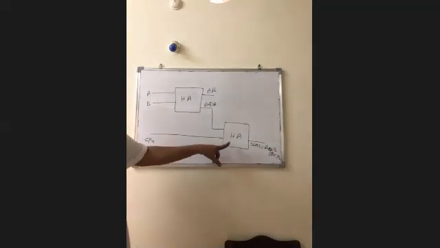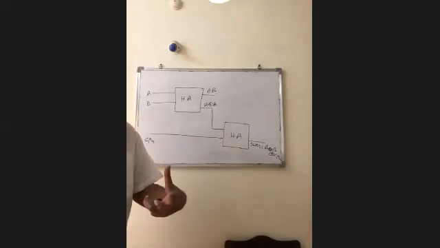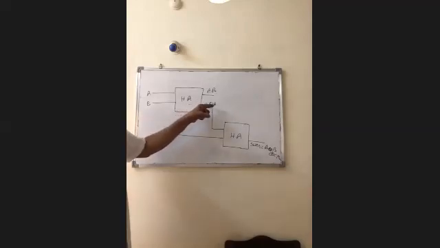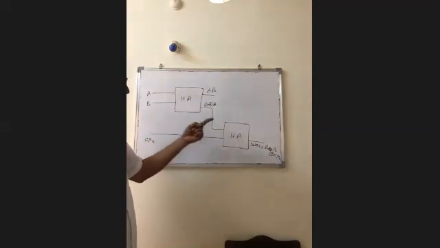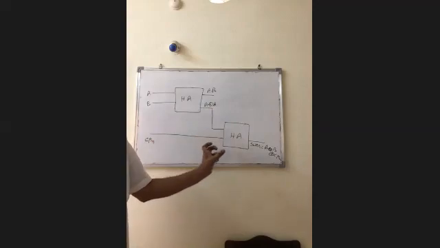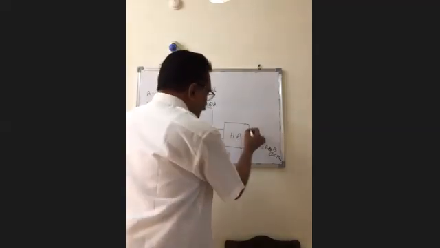For the second half adder, in between the two inputs there is an exclusive OR operation. One input is A exclusive OR B and the second input is Cin, so you write A exclusive OR B exclusive OR Cin as the sum output. And what is the carry output?